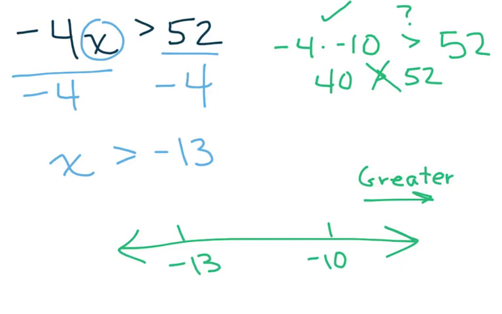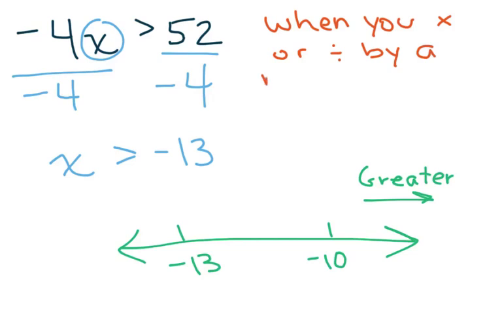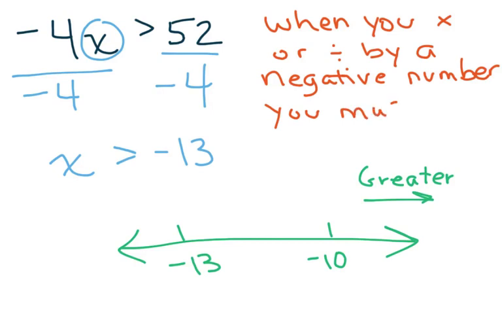So this is when we get to the rule. It's not true. It cannot work this way. So here's where we get the rule. Write this down, you're going to forget this. This is where you're going to make a mistake on the test. When you multiply or divide by a negative number, with an inequality, you must switch the sign.